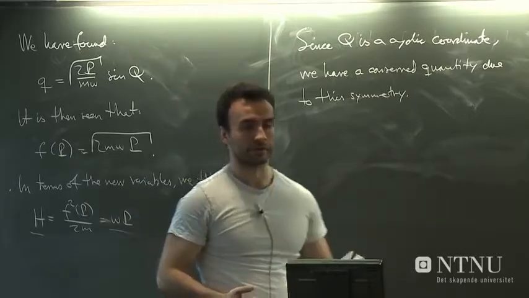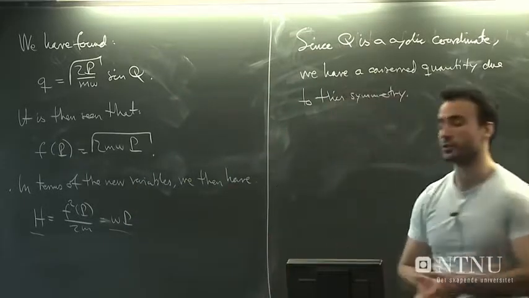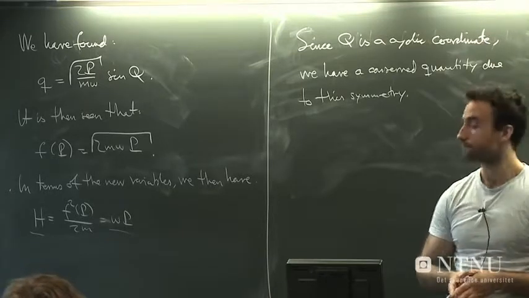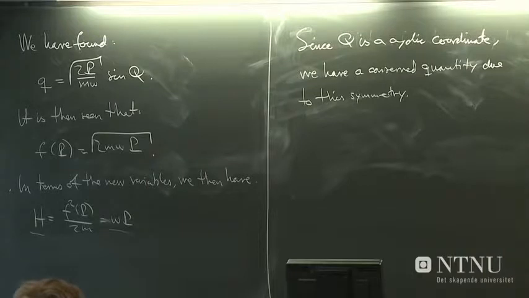So what is the conserved quantity for our specific situation? Any ideas? So how would we find what is conserved if we have a cyclic coordinate in the Hamiltonian?